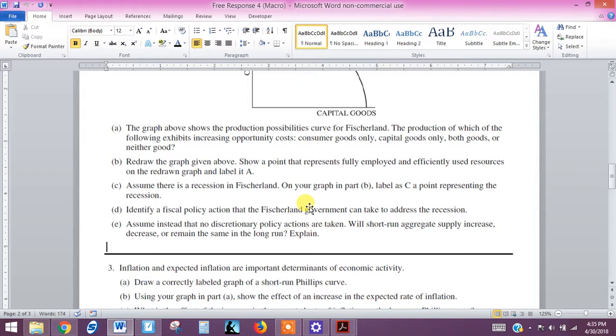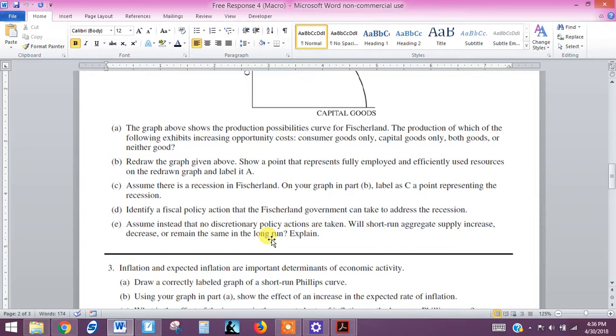So I really don't like the way that they ask it, but we're going to figure it out. So they're asking, will the short run aggregate supply increase, decrease, or remain the same in the long run? Okay, what do they mean? Well, it's easy. You don't have to draw the graph, but I'm going to show you the graph so you know how to answer this, okay?